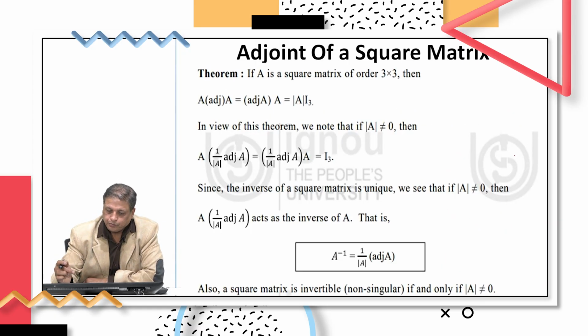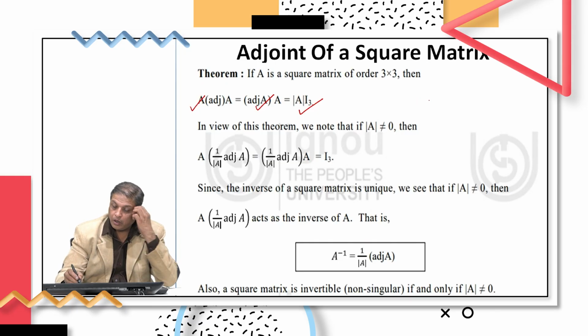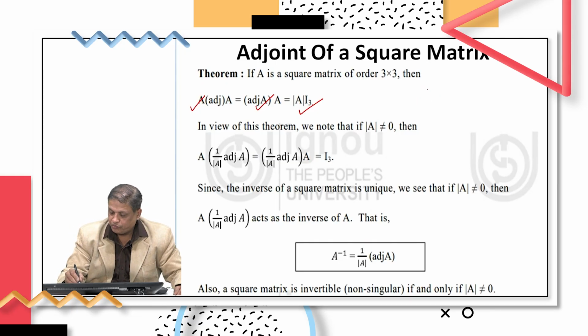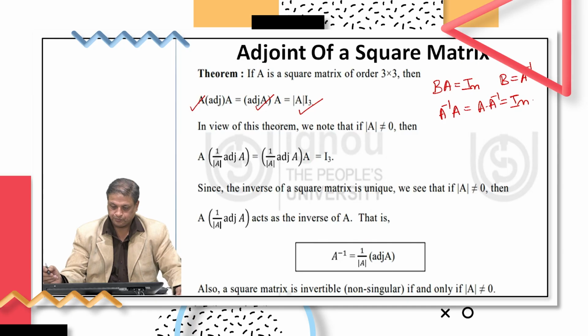Now there is a theorem that A into adjoint of A, or adjoint of A into A, is equal to determinant of A into the identity matrix. We had already learned that if B into A is equal to the identity matrix, then B is equal to A inverse. We also learned that A inverse into A, or A into A inverse, is equal to the identity matrix In.